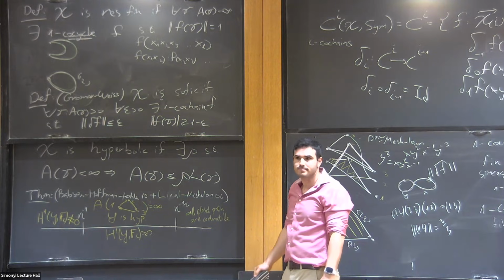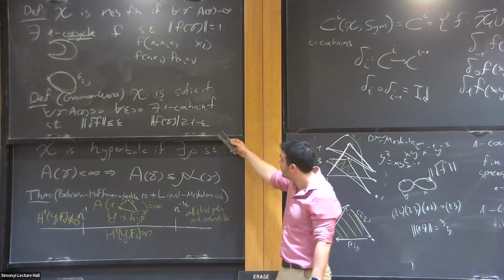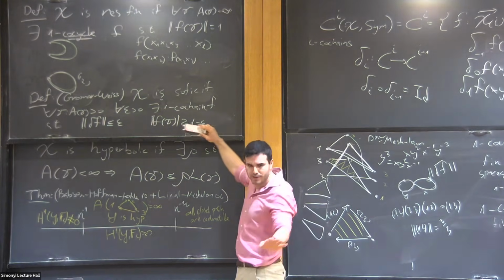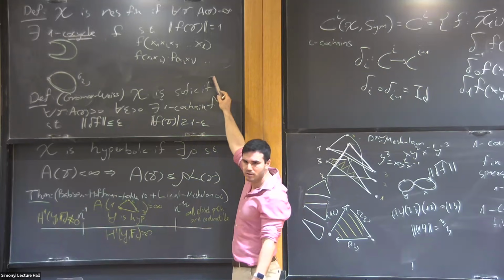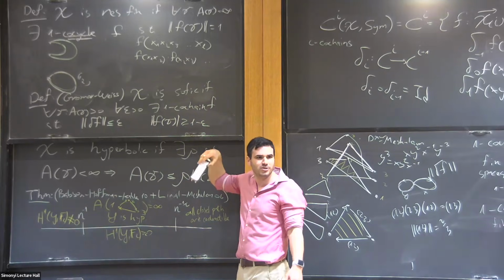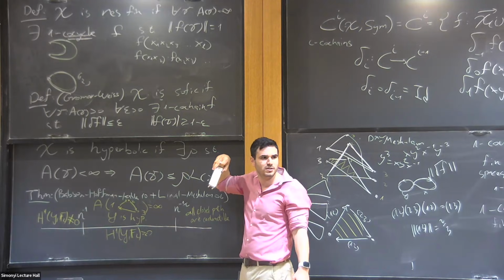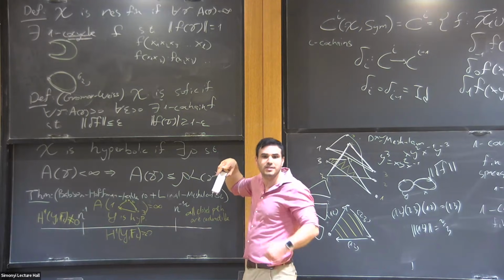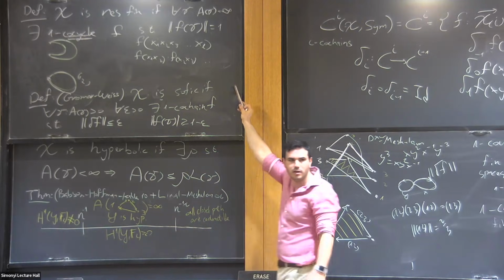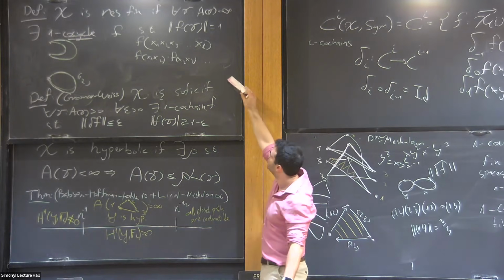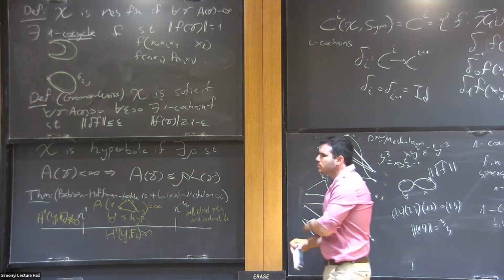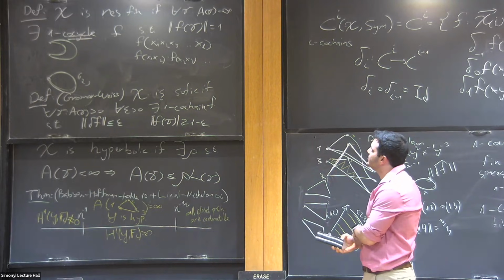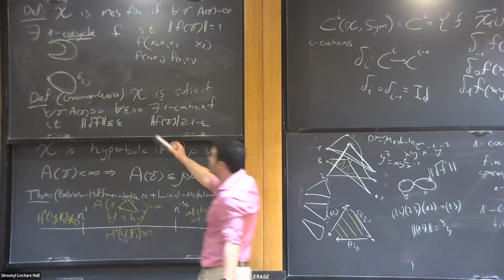But if you're sofic and not residually finite, you must have larger and larger sizes here. It must be sequential in some sense, but in the residually finite case, for every gamma, you can have a single F, not a sequence of F. Yes, so the quantifier is for every gamma and for every epsilon.